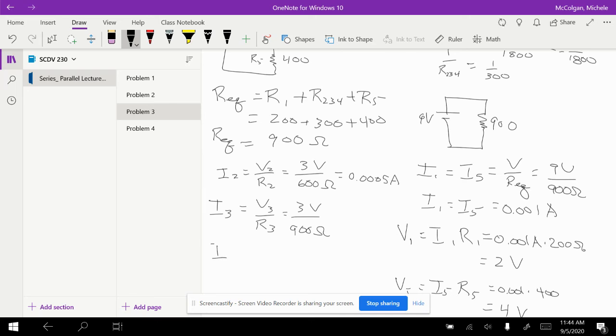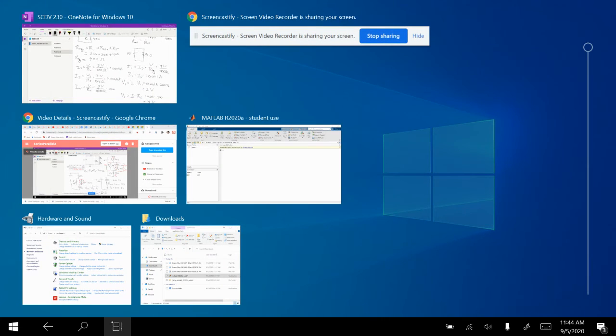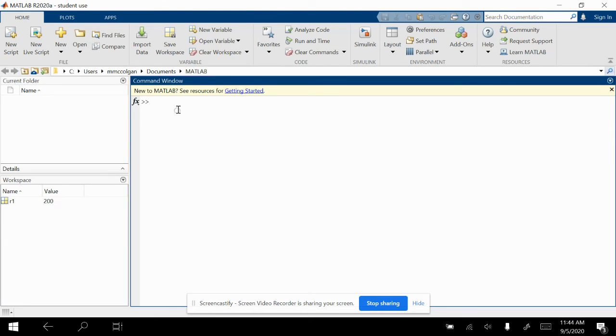And I4 is going to be V4 over R4. And that's going to be 3 volts over 1800 ohms. And so I3 is going to be 1/3 of a milliamp, so 0.000333. And I4 is going to be 1/6, so 0.000167. And if we're not sure about 1/6, let's just use MATLAB.